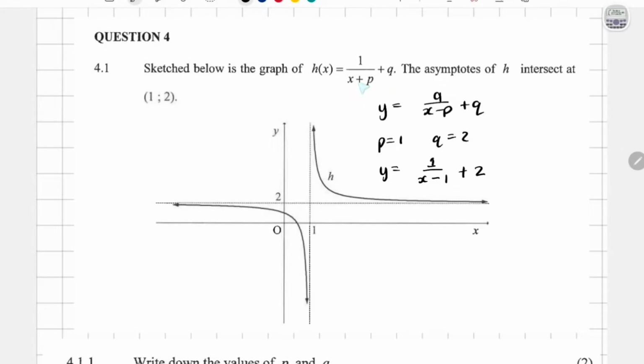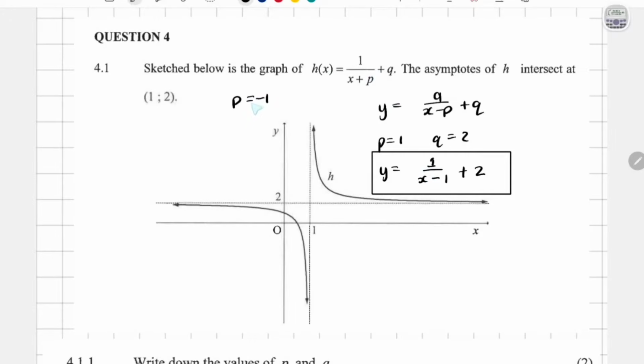So if you see here, they clearly put the x plus p, but you know the original one is x minus p. You're just going to have to take whatever your p value is and multiply it by -1. That will give you their p value. So their p value is actually equal to -1. Only if you made p equal to -1 will you get this equation.